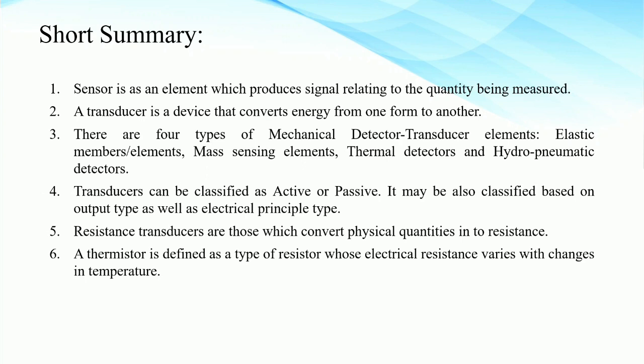Then we discussed the resistance transducer, which converts the physical quantity into resistance. And lastly, the thermistor, whose electrical resistance depends on the variation in temperature. In our next video, we will discuss the inductance transducer, the LVDT, and so on.